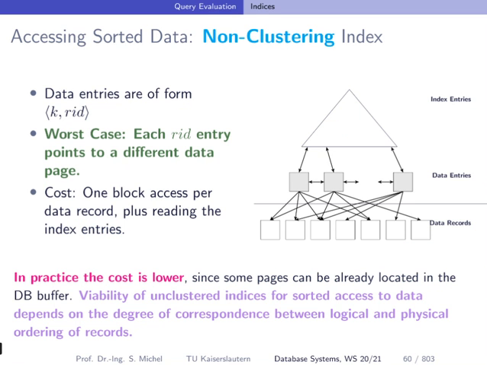So how does this look like for non-clustering index? Non-clustering means that the sorting order in the file is not corresponding to the key over which the tree was built. We have inside the index entries of the form key and a reference to a record in the data file. In the worst case, it can happen that every entry, every pointer here, the record ID, points to a different data page.